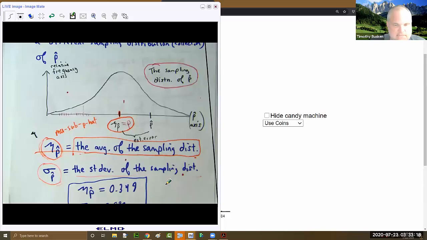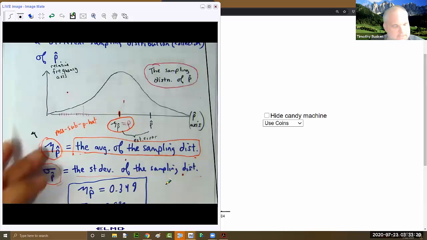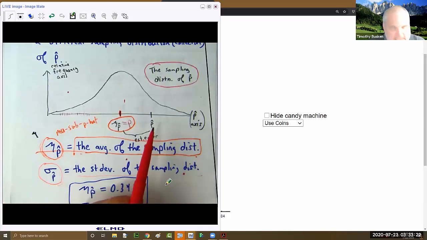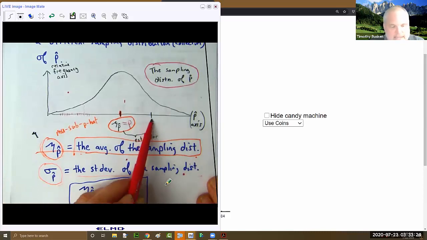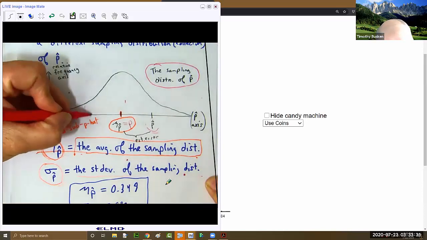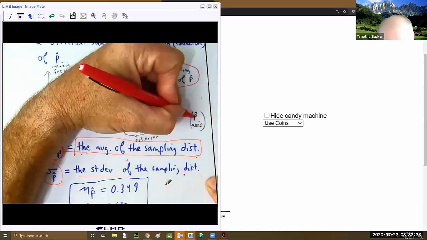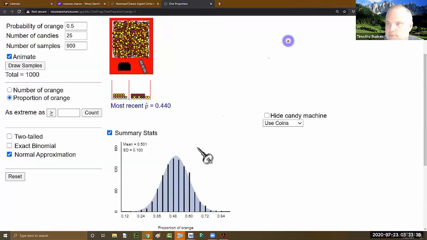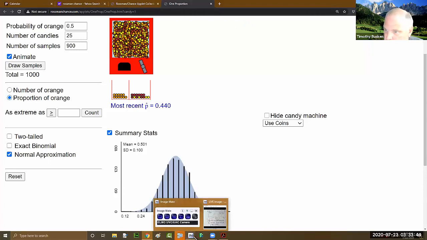In the context of this problem, p hat is a random variable, and all of the possible values of p hat will be along this p hat axis, just like in the dot plot here. And it'll be a normal curve under certain conditions, which we'll talk about later.